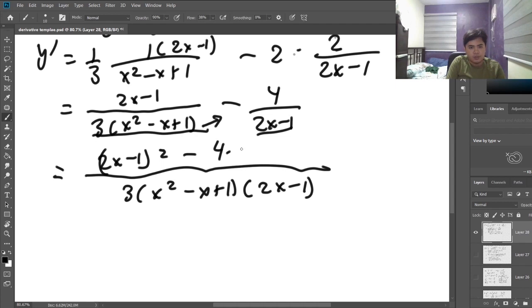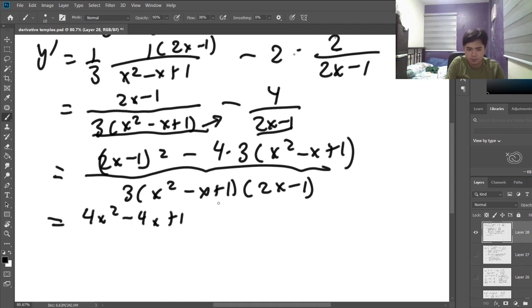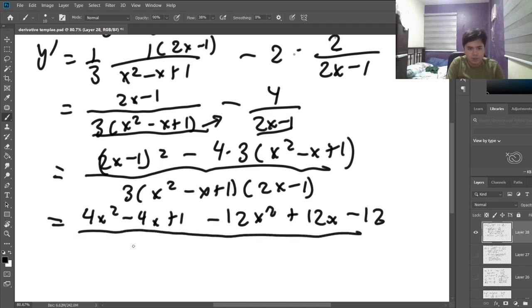So we get 4 times 3 times x squared minus x plus 1. Then we get 4x squared minus 4x plus 1, which is this. Then minus 12x squared, minus 12 times minus x, so that's positive 12x. Then minus 12 times plus 1, so minus 12. That is going to be over 3 times x squared minus x plus 1 times 2x minus 1.